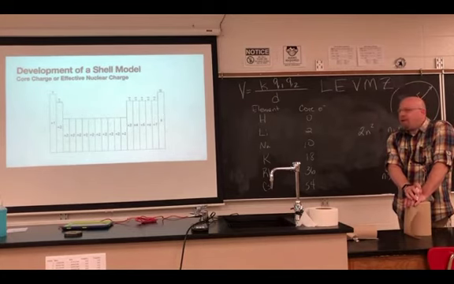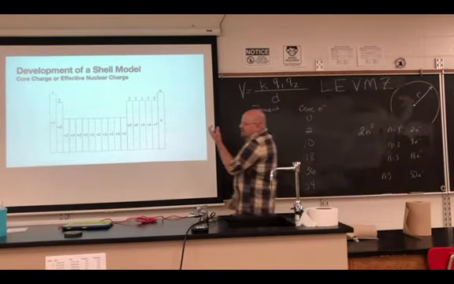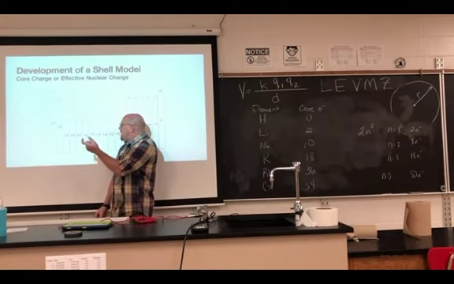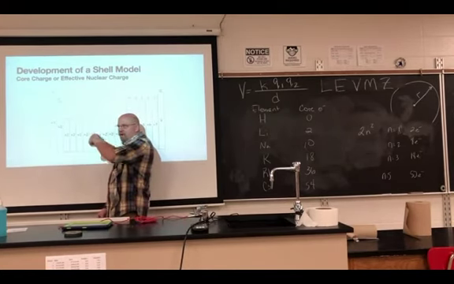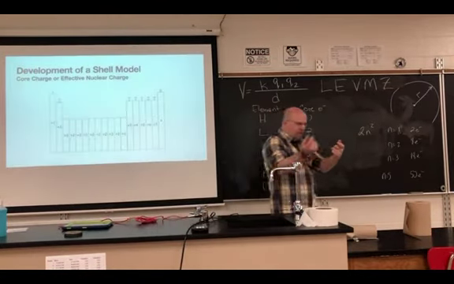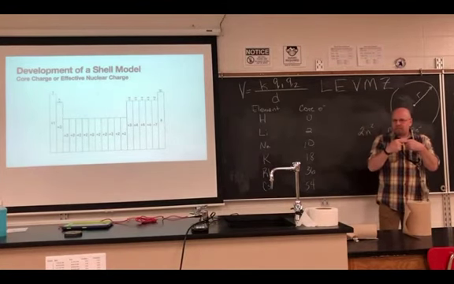We're not worried about that right now, but if we look at just the size of an atom, as we go from left to right across the periodic table, those added protons are going to increase that attraction, causing them to get smaller.